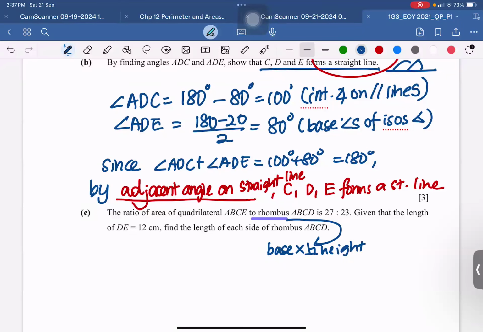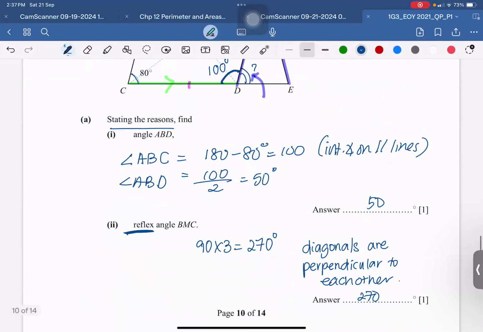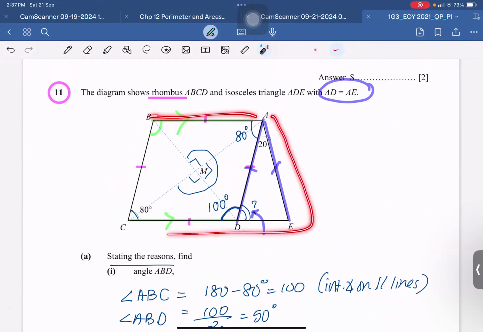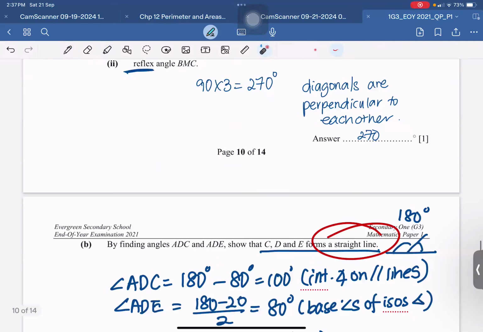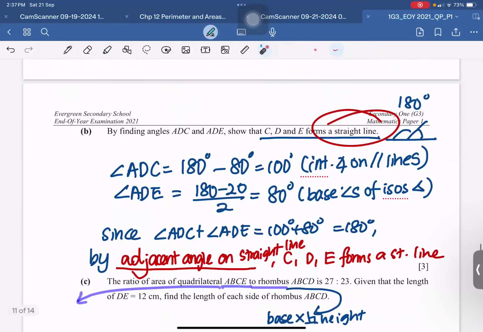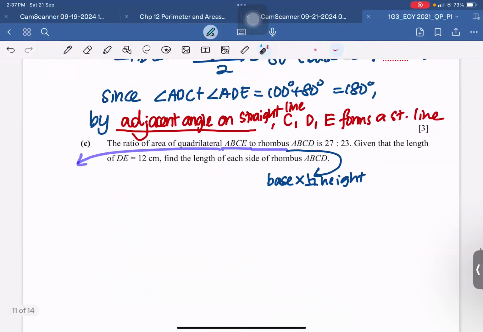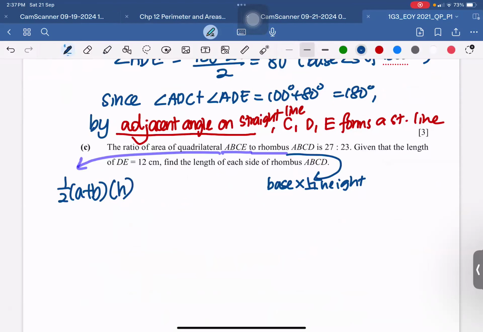Okay, then let's take a look at what is ABCE. ABCE is what kind of shape? ABCE is a trapezium. So half A plus B times H. So this one will be half A plus B times height. Okay, this one will be base times height.